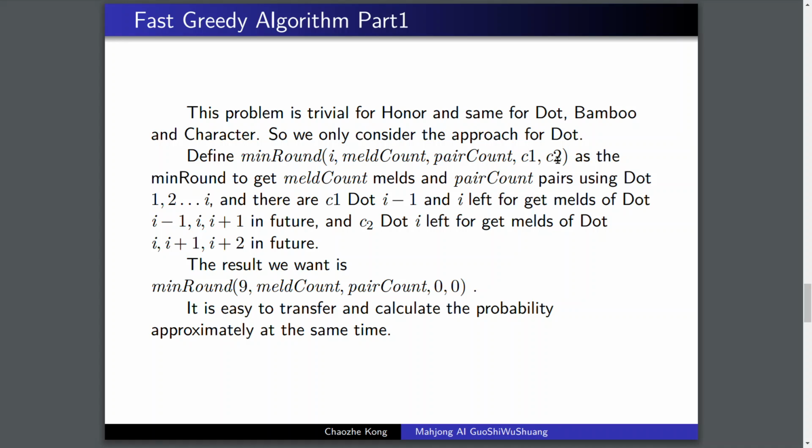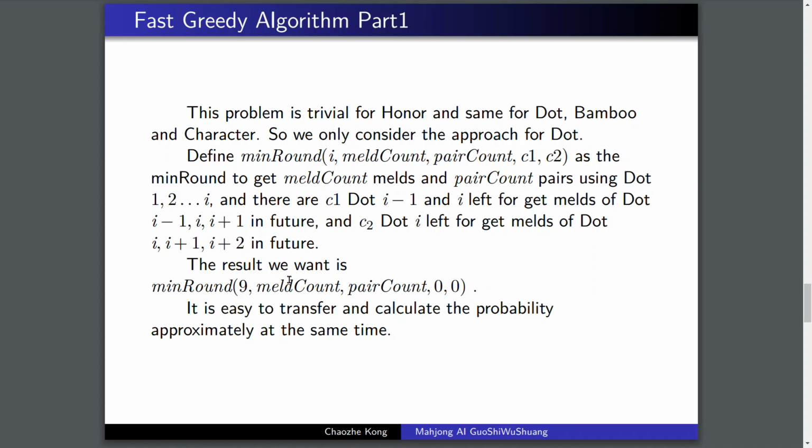Define minround(i, meld count, pair count) as the min round to get meld count melds and pair count pairs using dot 1, 2, 3 to i. It transfers from the states of dot i minus 1 and i left for getting melds of dot i minus 1, i, i plus 1 in future, and dot i left for getting melds of dot i, i plus 1, i plus 2 in future.